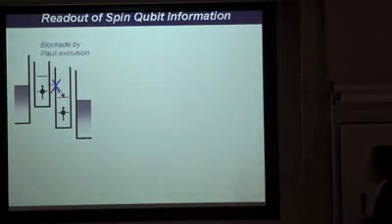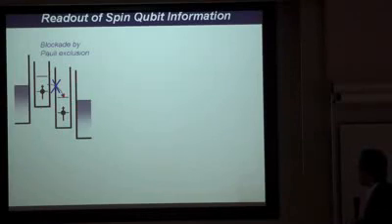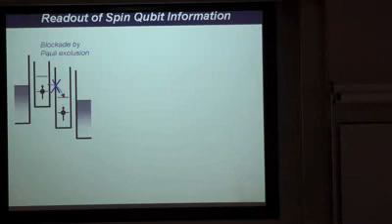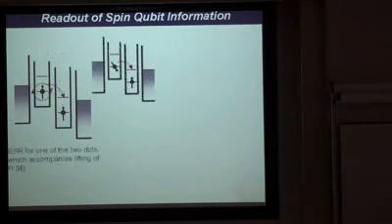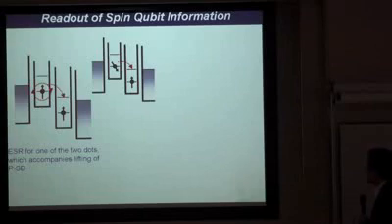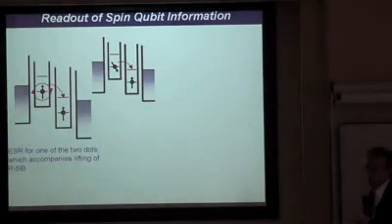Here I will first explain how to read out the spin qubit information. Let's start with this Pauli spin blockade condition. And we try to do a spin rotation in one of the two spins. And the fraction just rotated due to the electron spin resonance effect can move from the left to the right because Pauli spin blockade is partially lifted.